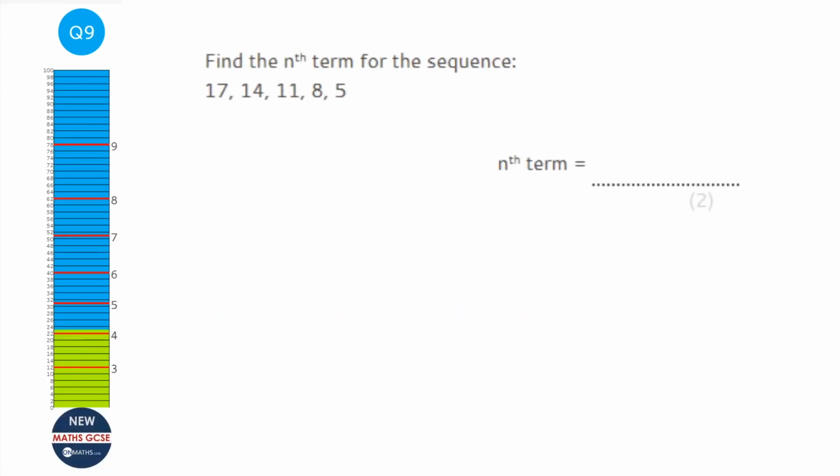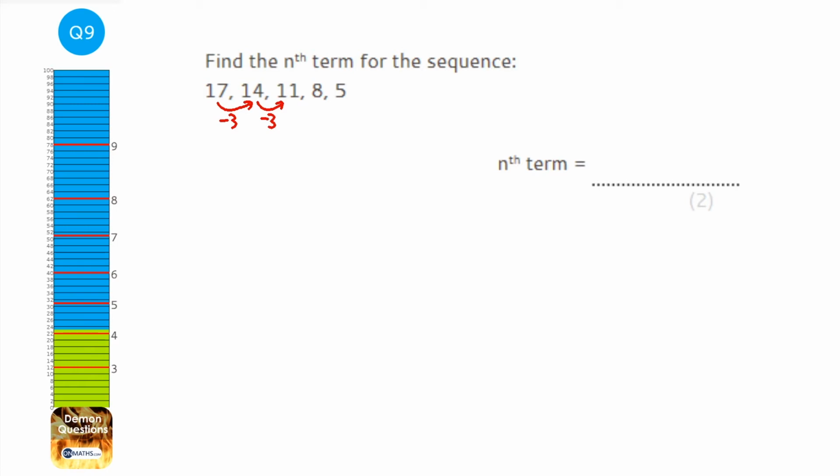Okay, to start off, when you're working out the nth term, you've got to work out what the sequence is going up in. Now this is a bit weird, this one, because it's going down, but we've still got to work out what it's going up in, so it goes up by -3 each time, and you always check that it continues, which it does.